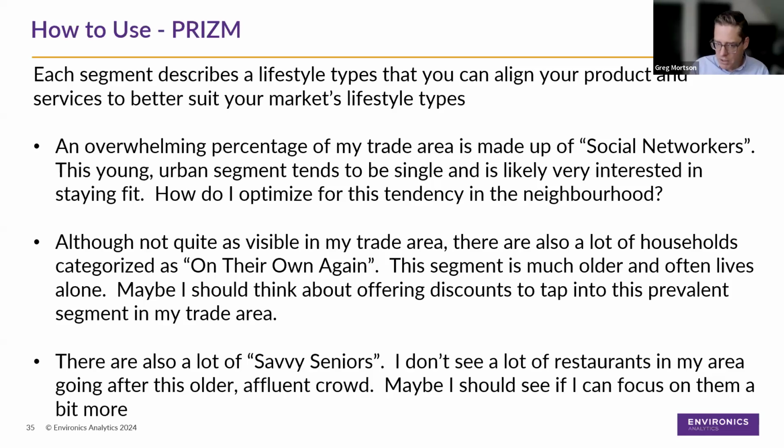How can you better support them now, armed with this knowledge of their presence in your immediate market? And then savvy seniors might be another type of senior that lives in your area that could be prevalent. They do have quite a bit of money, so maybe they want more of an upscale service than some other groups. So again, just some very simple ways in which you could use this data.